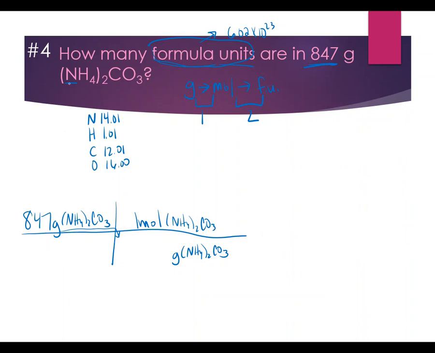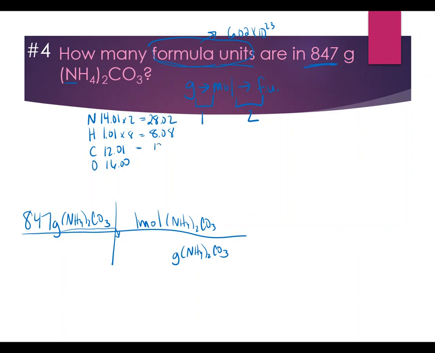Okay, how many nitrogens in this compound? 2, so I've got to multiply this one by 2. How many hydrogens in this compound? 8, so yes, I have to multiply this by 8. So this is 8.08.